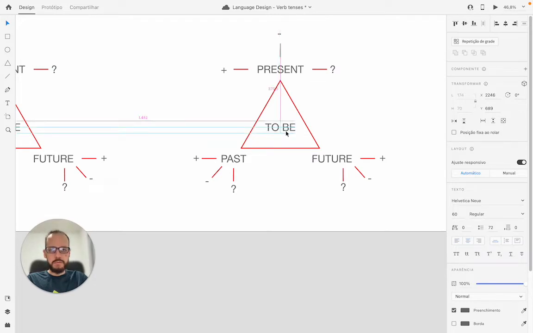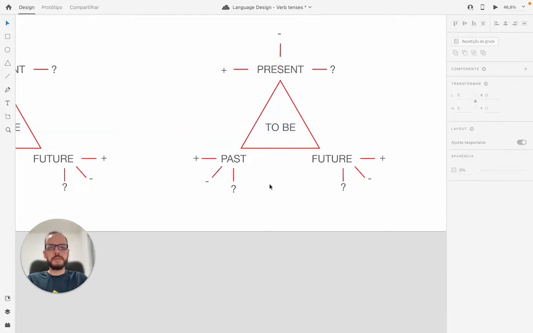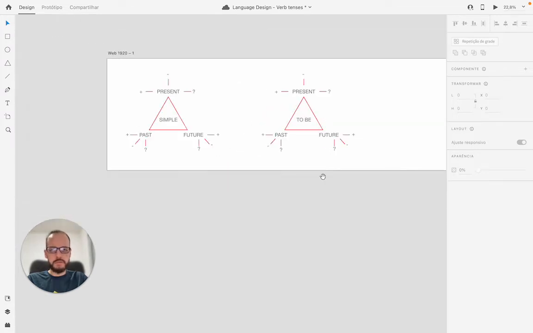And this verb also has a past, a present, and a future, and all these tenses can be affirmative, negative, and interrogative.